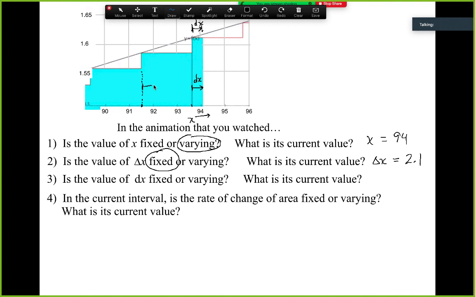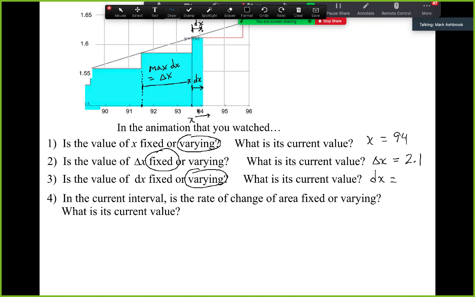Yep, the maximum dx is delta x, because when we get to the end of the interval, we start over with a new interval. So the max dx equals delta x. So at our x value of 94, dx is varying in the current interval. How much change do we have so far in the current interval?